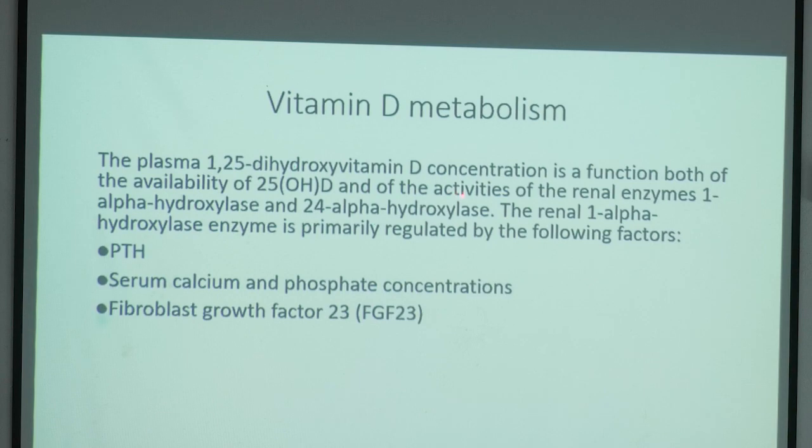The renal enzymes are 1-alpha hydroxylase and 24-alpha hydroxylase. Renal 1-alpha hydroxylase is very important. This renal 1-alpha hydroxylase is controlled by parathyroid hormone PTH, serum calcium and phosphate, and fibroblast growth factor. So if there is a large amount of serum calcium and phosphate concentration, that will inhibit the vitamin D formation pathway.